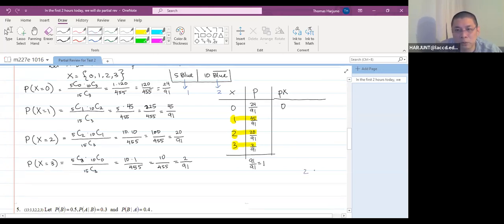For example, 2 times 20 over 91 is the same as 2 over 1 times 20 over 91. Since I want to keep the denominator anyway, I will not try to cancel it even if I can. Therefore, I will just multiply the top with the top.